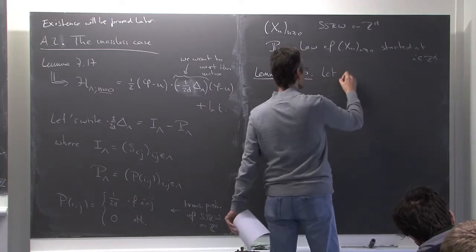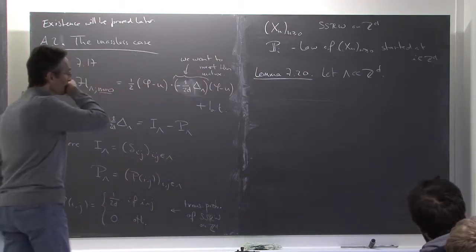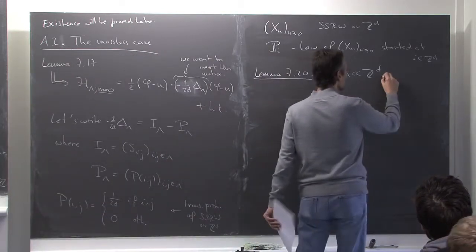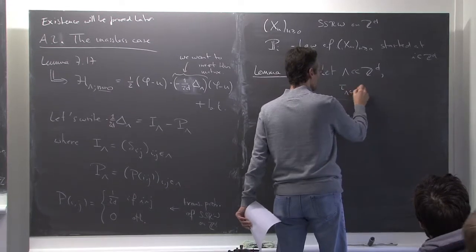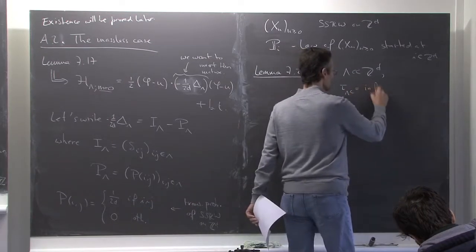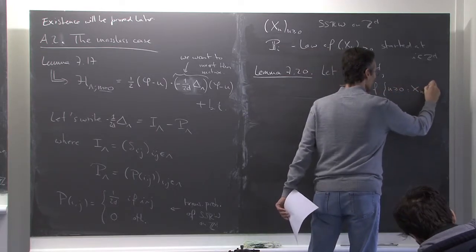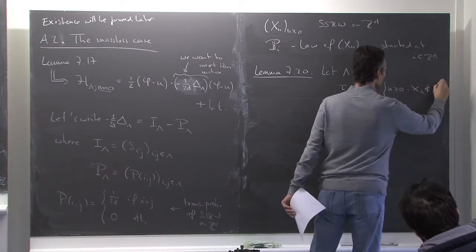Let Lambda be a finite subset of Z^d. Let tau_{Lambda^c} be the first time you exit the box, so the infimum over all n greater or equal to 0 such that X_n is not in Lambda.